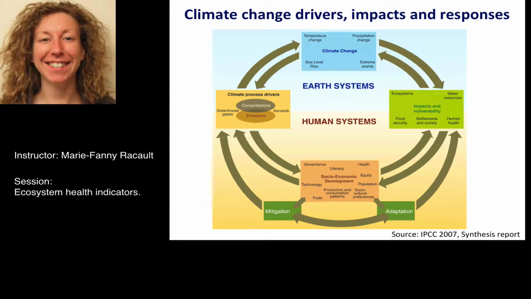We are a very strong driver of changes in the environment, because of our socio-economic development, population growth, and the industrial revolution. We started emitting CO2 into the atmosphere, so we are actually influencing the Earth system. We are changing the concentration of CO2, we are changing some of the climate processes, and those climate processes then lead to changes in climate.